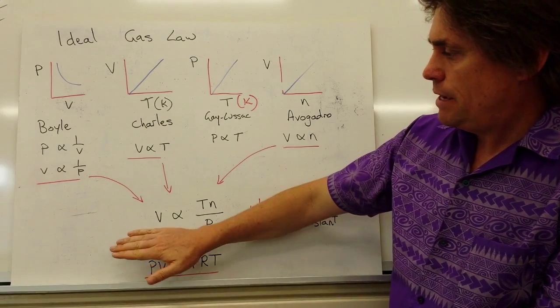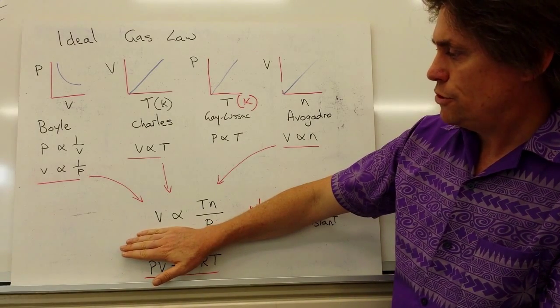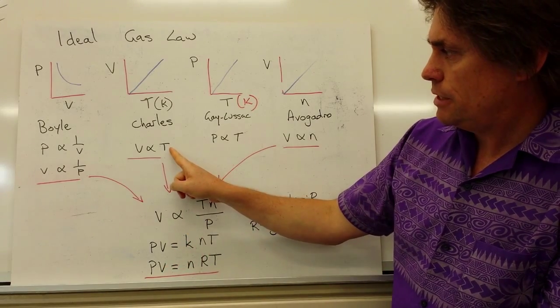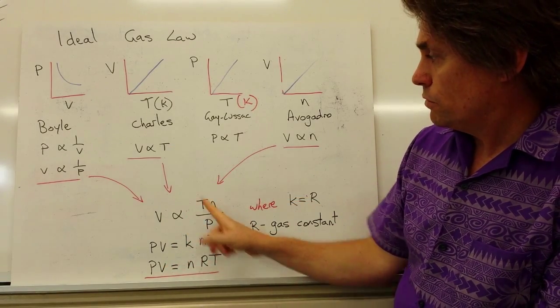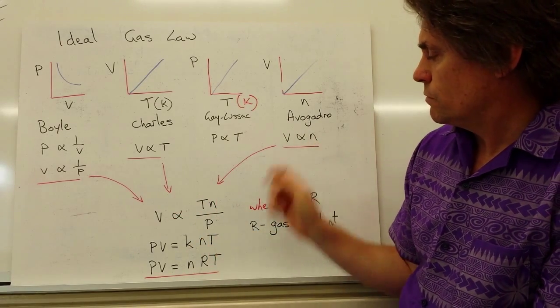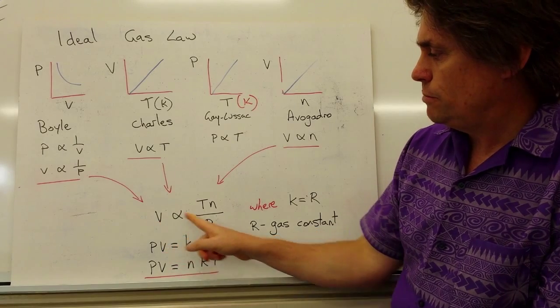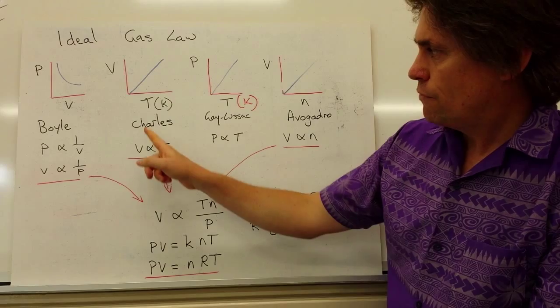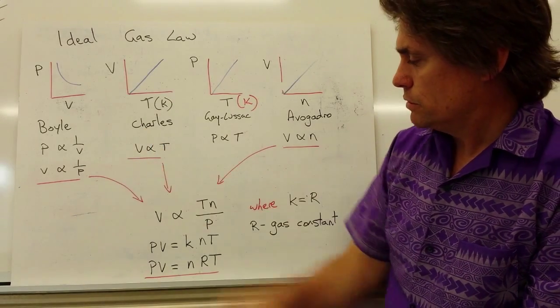So if we derive our proportionality for all four terms, we find that volume is proportional to temperature from Charles' law. Volume is proportional to number of moles from Avogadro's law, and volume is inversely proportional, or proportional to 1 over P from Boyle's law.